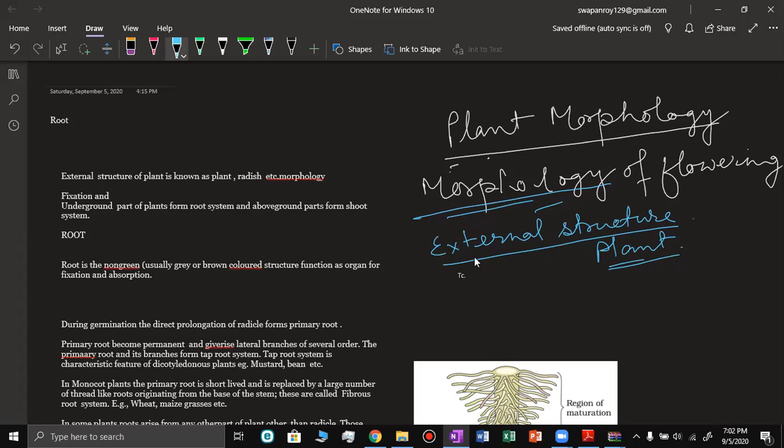This topic is very, very important in biology because our first reaction towards any organism and their identification, identification is from their morphology.